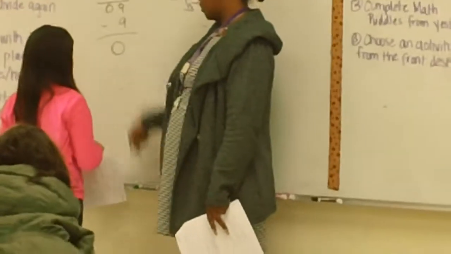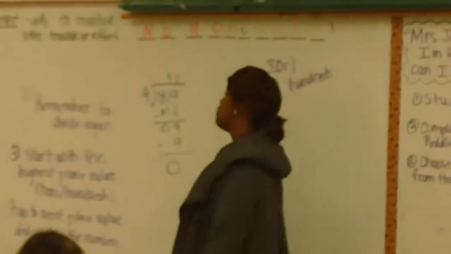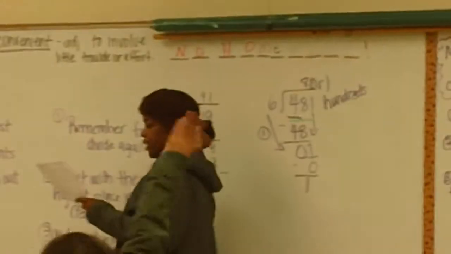Nine minus 9 is 0. Okay, is Madison correct? Yes. So 819 divided by 9 is what? 91. Okay, I need another volunteer.